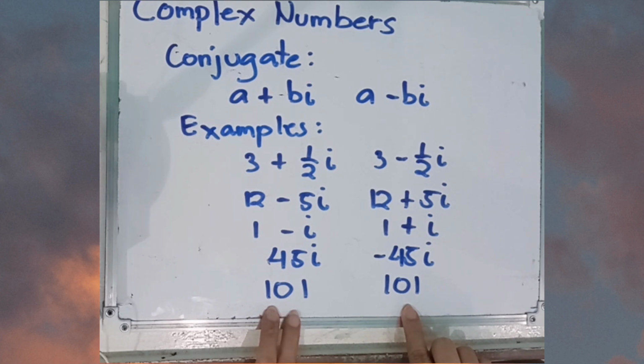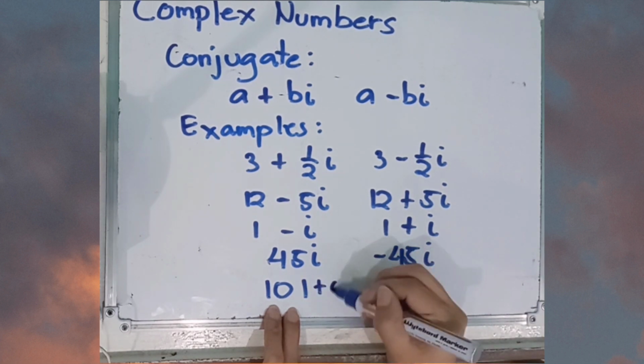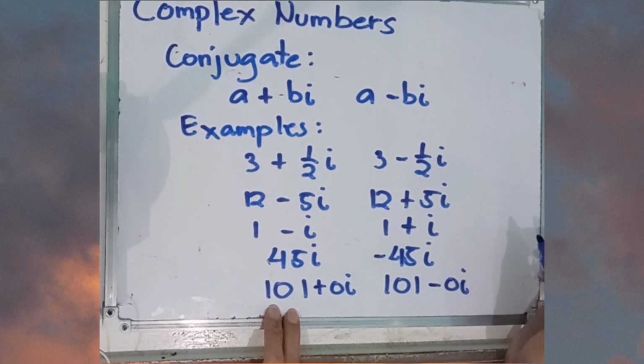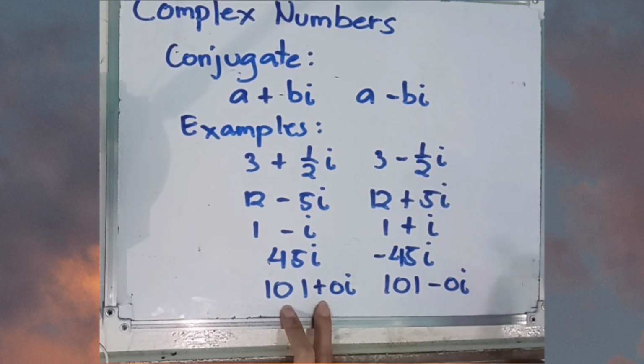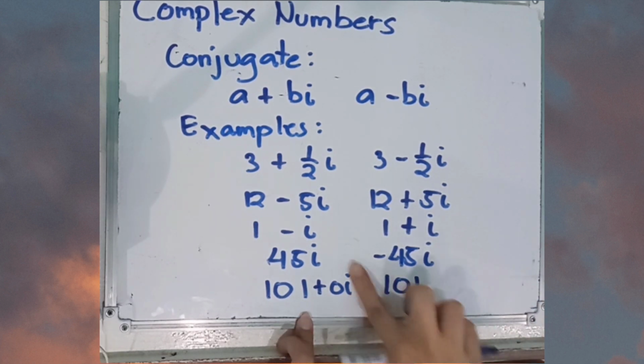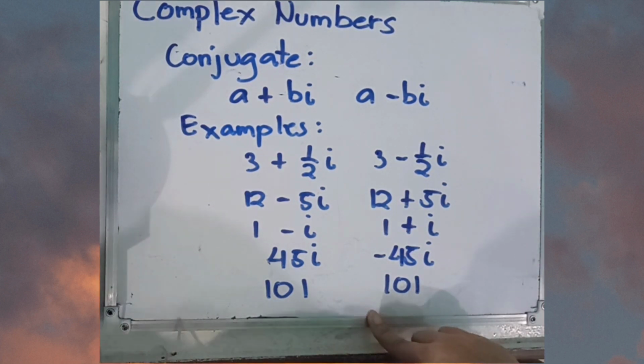Why? Because in this case, the imaginary part is 0. So let's say we have plus 0i, we have minus 0i. Even if it's positive, even if it's negative, it will still be 0. Okay? So that's for conjugates.